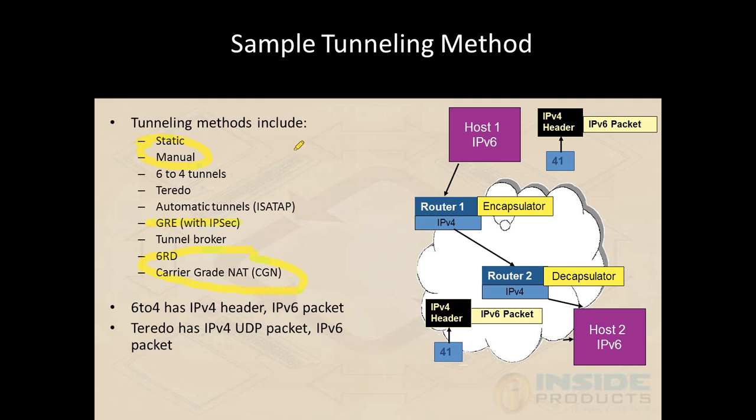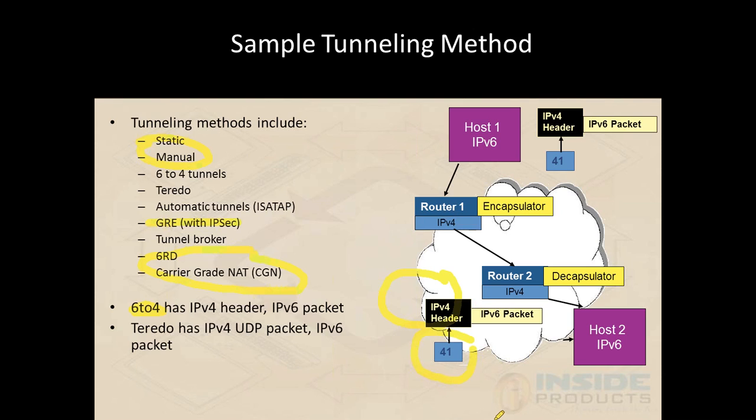So let's talk a bit about tunneling. Let's take the case where we have IPv6 hosts and a V4 network. What we're going to do is embed this V6 packet inside a V4. You may actually have an IP header and then the V6 packet, or you may have an upper layer protocol.